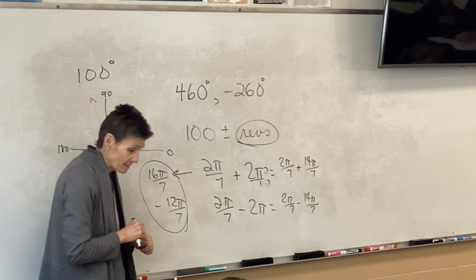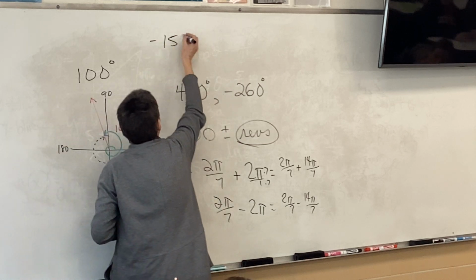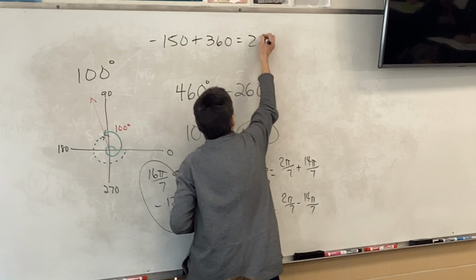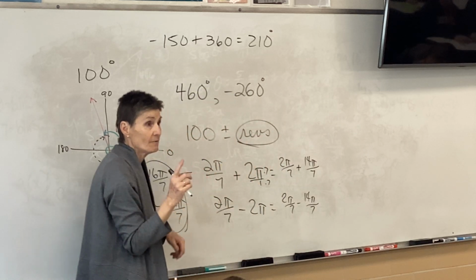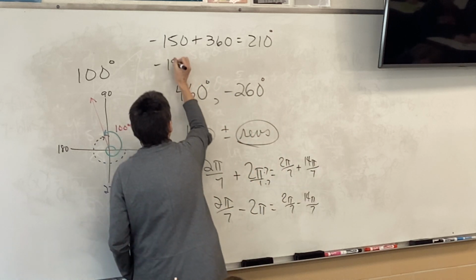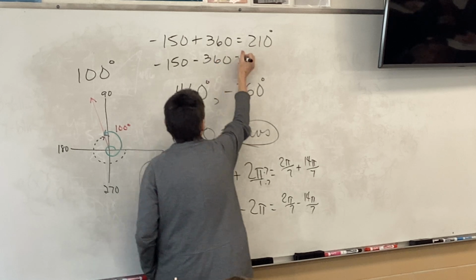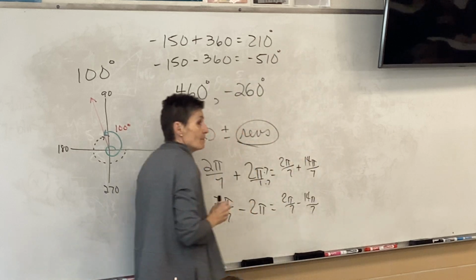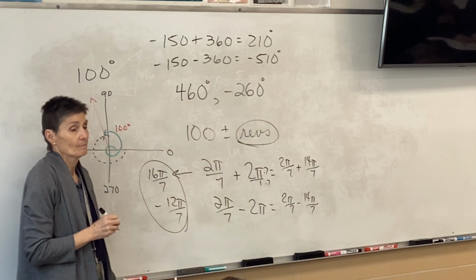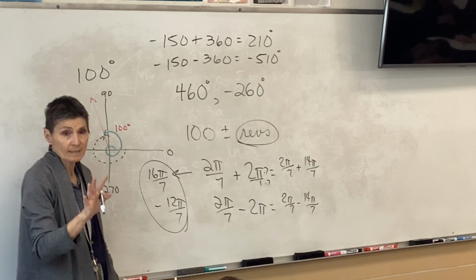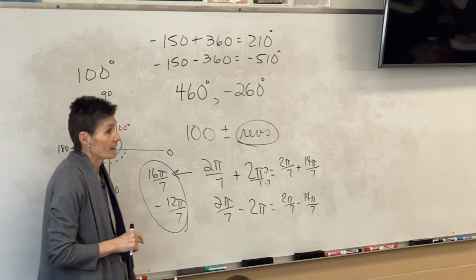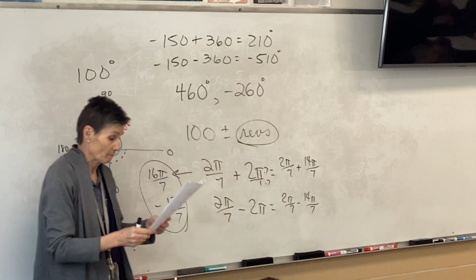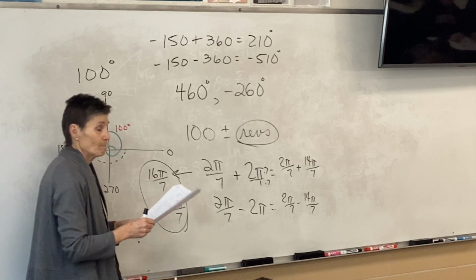So what's negative 150? I'm going to add 360, and that's going to be 210, positive. And then I will subtract 360, negative 510. And that's my negative. Okay, real simple. Add and subtract 360 or 2 pi, depending on what you're starting with. All right, next.